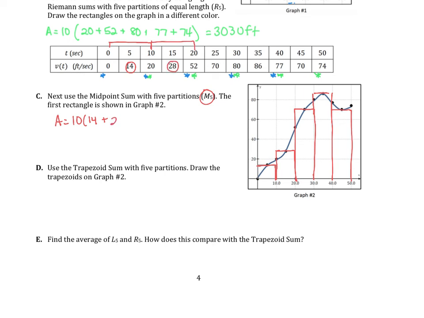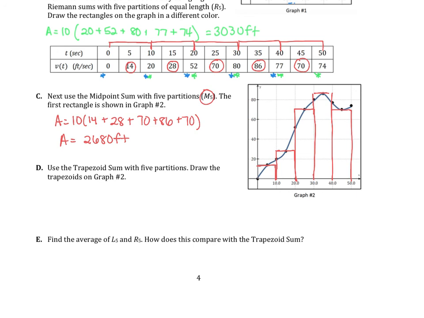Midpoint of this rectangle is 28. Midpoint of this rectangle is 70. The next one's 86. And then finally 70. And so if I sum all of those up together, I'm going to get that the area is 2680 feet.